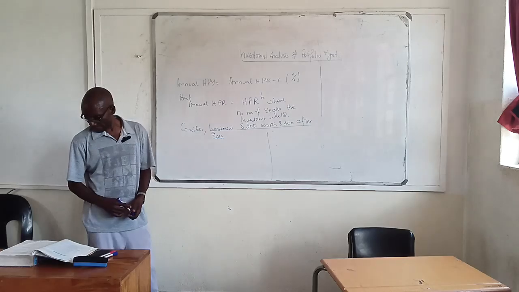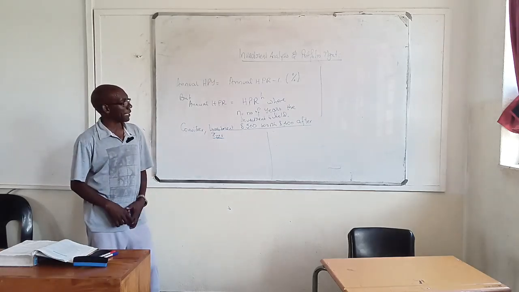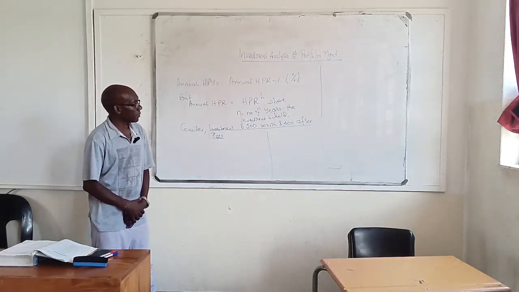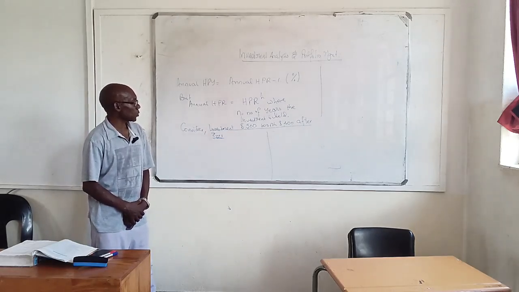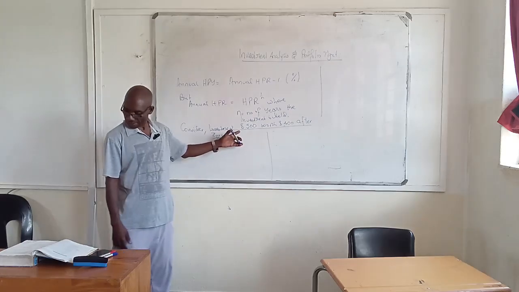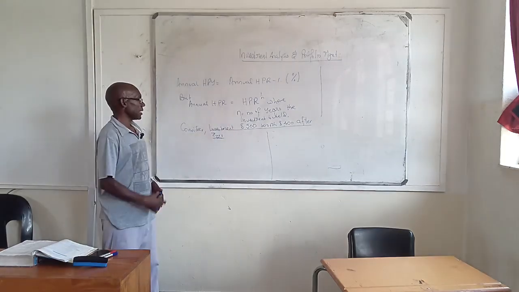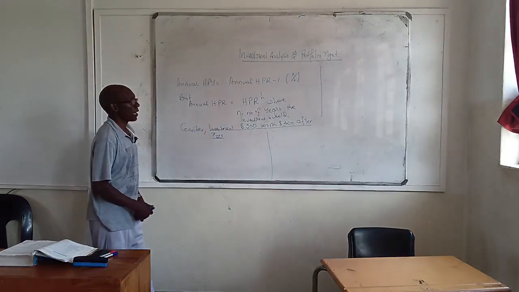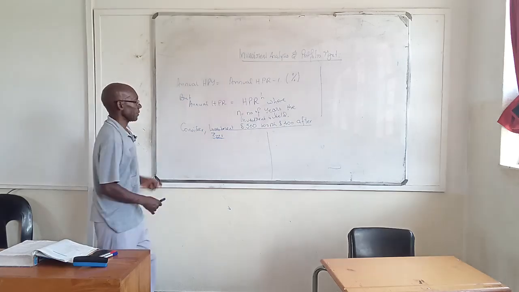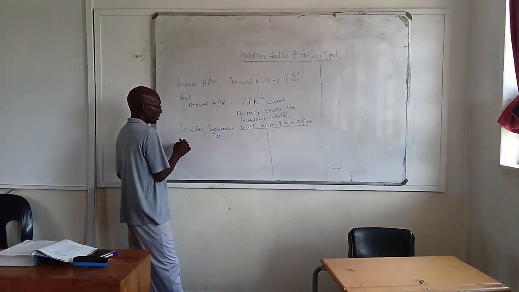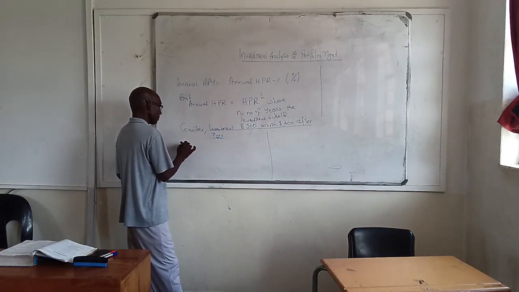Assuming you have invested that, and you get your invested wealth of 400 after 2 years. You invested the cost of this and it's worth that after being held for 2 years. Let's calculate HPR, HPY, something like that. Now let's start. Let's calculate HPY.